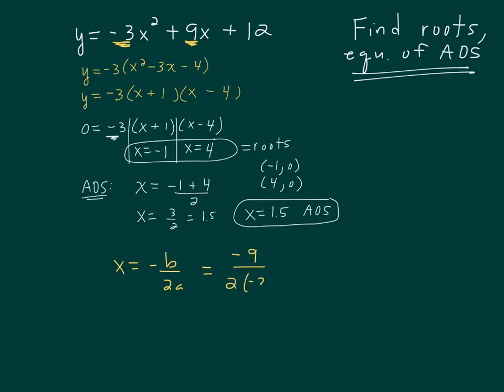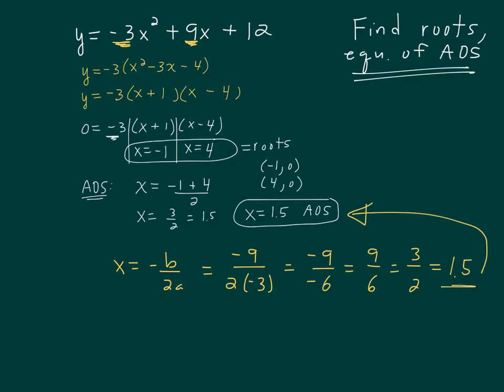Our a is negative 3. That gives us negative 9 over negative 6, which is 9 over 6, or 3/2, which of course is the same as what we got when we found our roots. Of course you're not going to be expected to do it multiple ways, just showing you that you will get the same thing in the end.